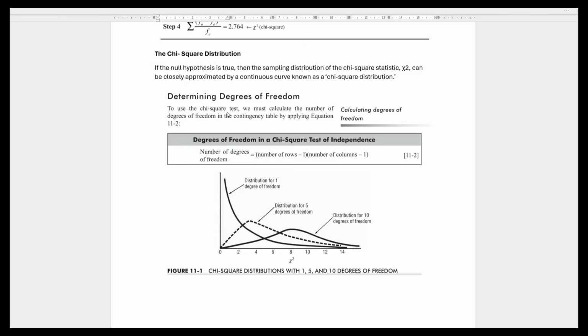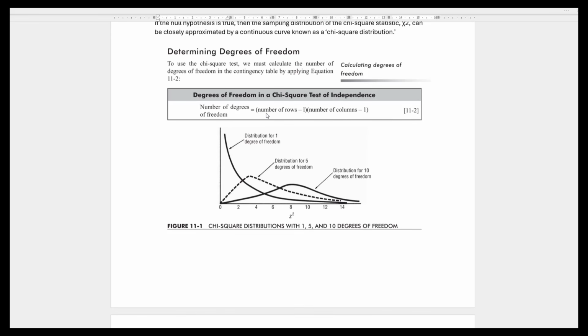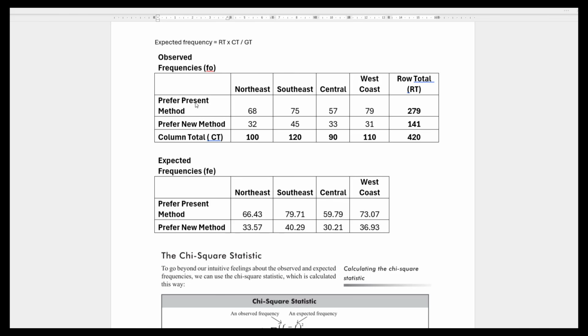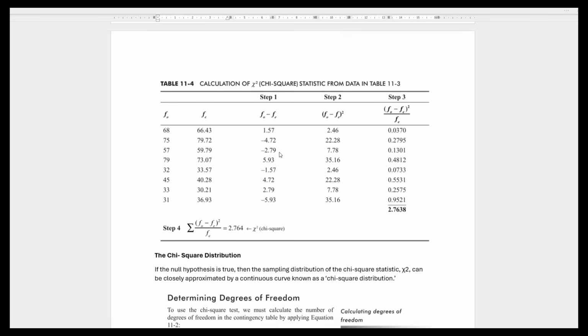Degrees of freedom in this case is given by number of rows minus 1 into number of columns minus 1. How many rows do we have in our contingency table? 2. 2 minus 1 is 1 and 4 minus 1 is 3. So 3 into 1 is 3. So our degrees of freedom is 3 here.